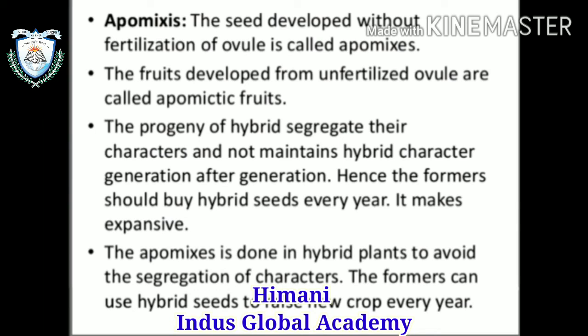Hence, the farmer should buy hybrid seed every year. That makes it expensive. Apomixis is done in hybrid plants to avoid segregation of the characters. The farmer can use hybrid seed to raise a new crop every year.